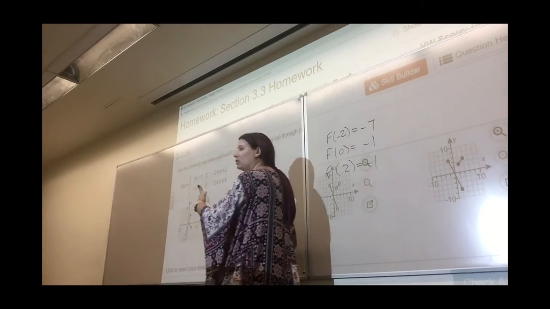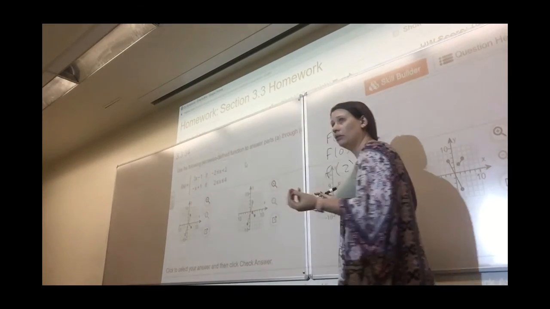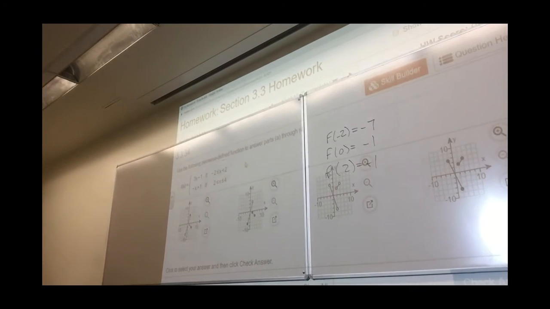So the first piece should be a closed and an open, and then the second piece should be closed, closed. Oh, so the only one that even works is this one. Yeah, because this piece is closed and open and closed and closed. All the others are closed, closed, closed, closed, all open, or open and closed, open and closed.